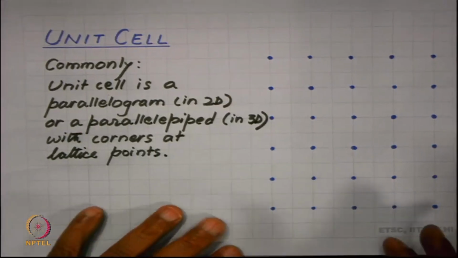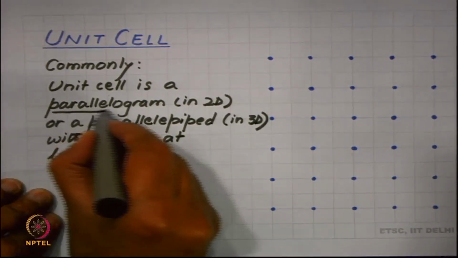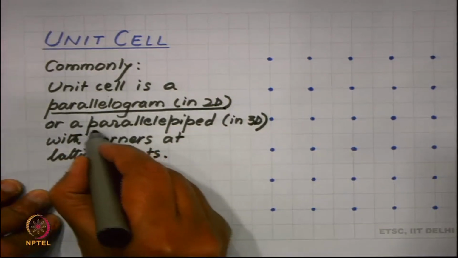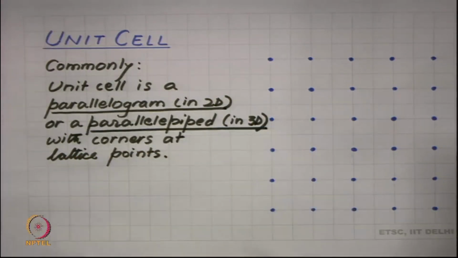Different shapes can be selected, but the common shape which is selected is a parallelogram in 2D or a parallelepiped in 3D.